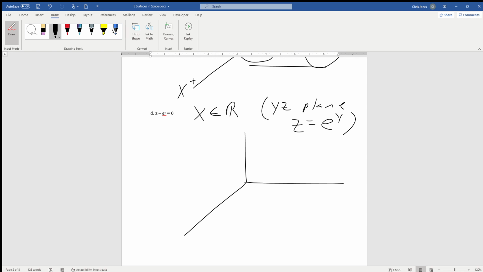All right, so this is going to be our z positive, our y positive, and then the x positive. And similar to the other problems, this relation is going to expand upon the x-axis, not the y-axis. All right, so if y is 0, z is 1. So we have this point right here. And then we know if y is 1, we get e.